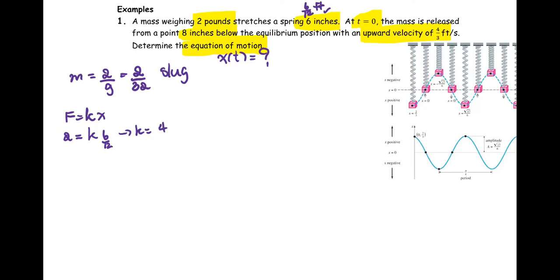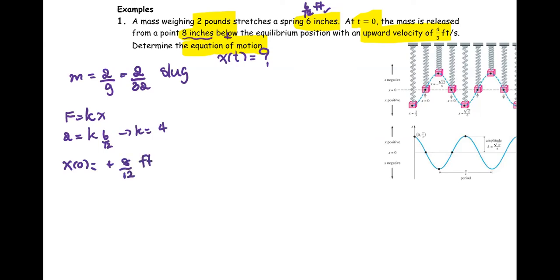So we get k, and what else do we have here? The mass is released from a point 8 inches below the equilibrium position. 8 inches, this is a position unit. So x at 0, below means positive, plus sign, so go further down from the equilibrium position. 8 inches, 8 over 12 feet.